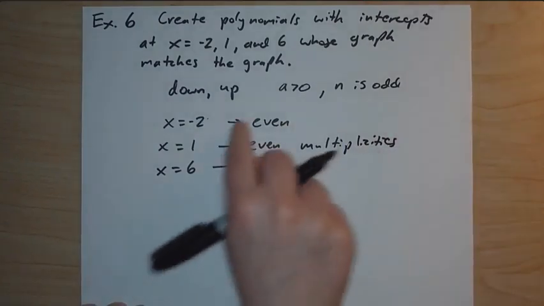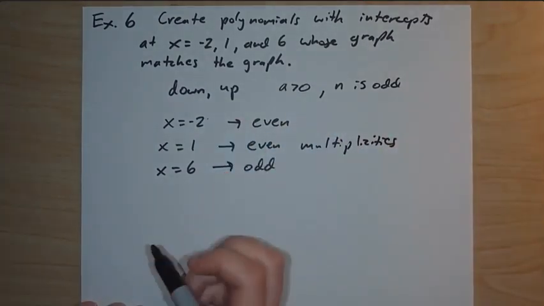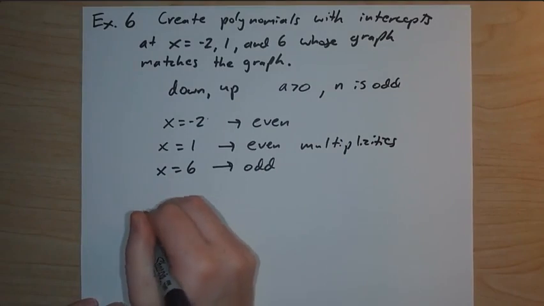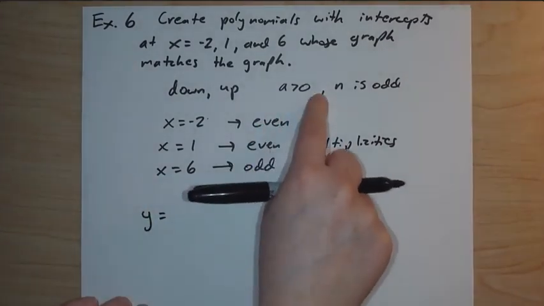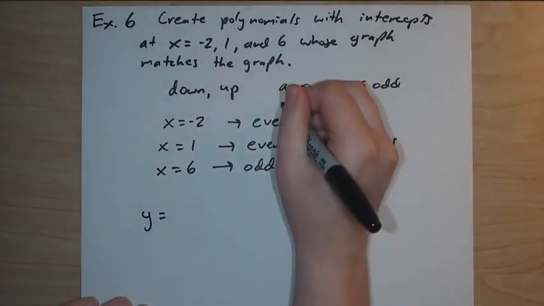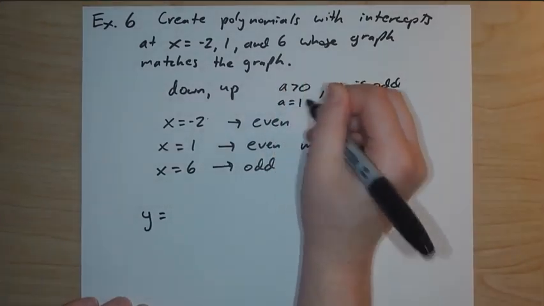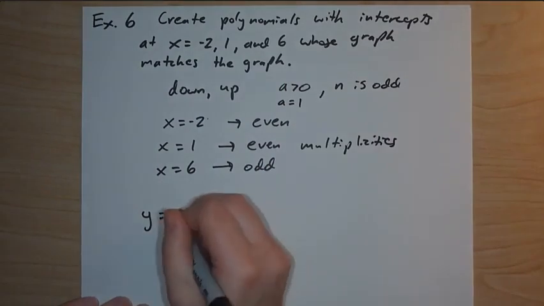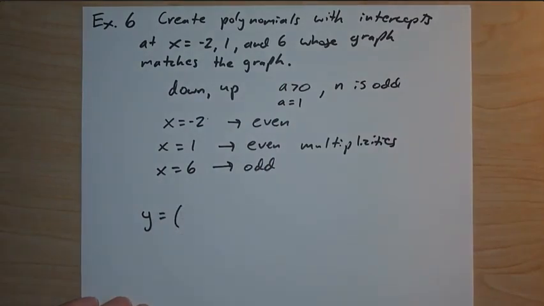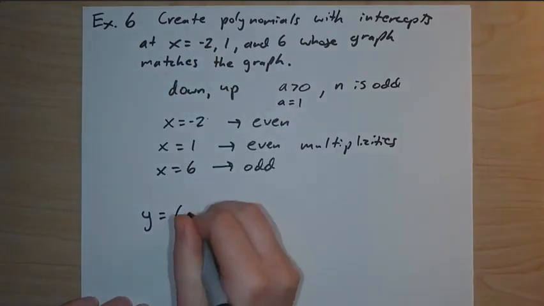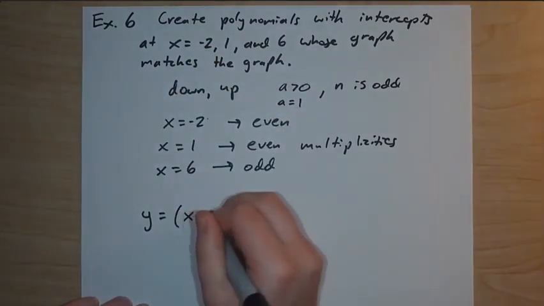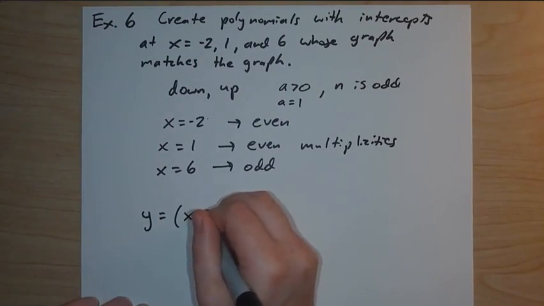So now that we know all this information, we can craft our function. So we have y is equal to, we have our a is greater than 0, so I'm just going to assume it's 1 at this point. A is equal to 1. So that means we're just going to start with our zeros. So our first 0 is x is -2, which means we have x minus -2, which is x plus 2.